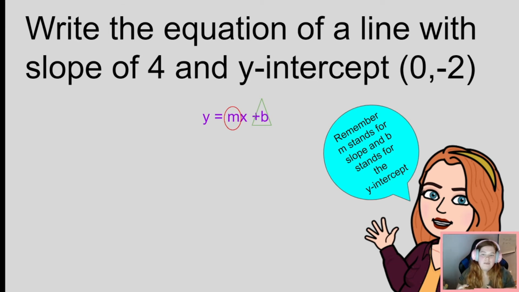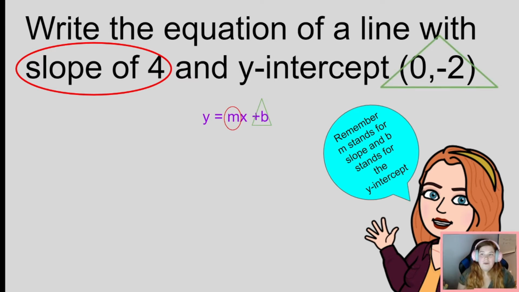So now that we know that m stands for slope and b stands for the y-intercept, we're going to go back and read our original problem and try to pull out that important information. It says, write the equation of a line with slope of 4. There's my first important information. Slope of 4. And y-intercept of (0, -2).